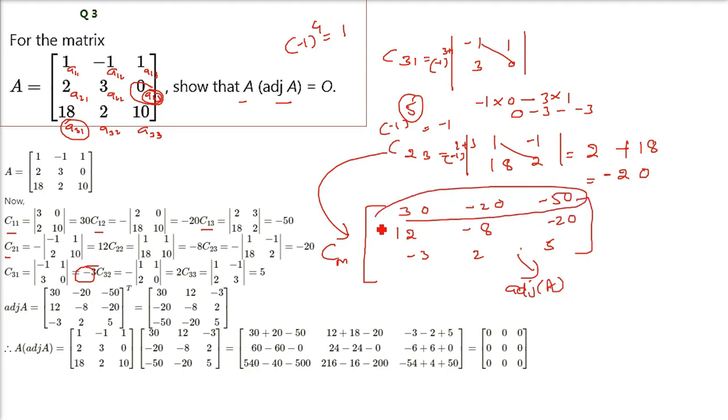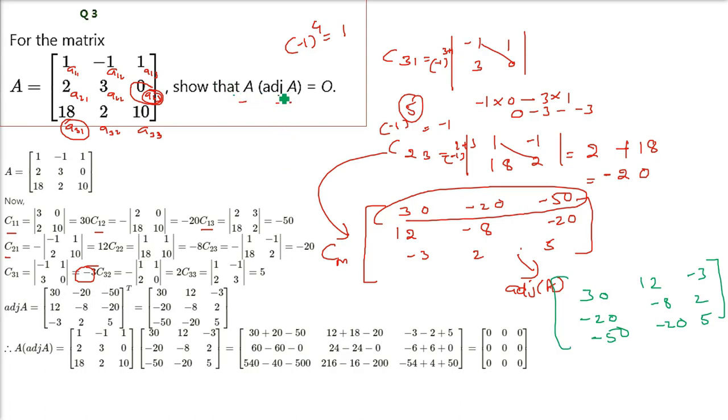So this 30, minus 20, minus 50, which is the row, is going to become the column. So I'm writing it here: 30, minus 20, minus 50. Then we have 12, minus 8, minus 20, and minus 3, 2, and 5. So this is the adjoint.